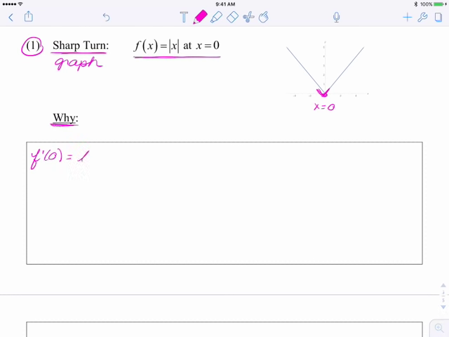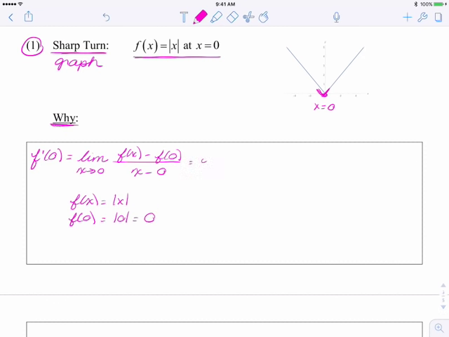So I would say f prime of 0 is equal to the limit as x approaches 0 of f of x minus f of 0 all over x minus 0. Now what we know, of course, is that f of x is the absolute value of x, and f of 0 is the absolute value of 0, which is 0.